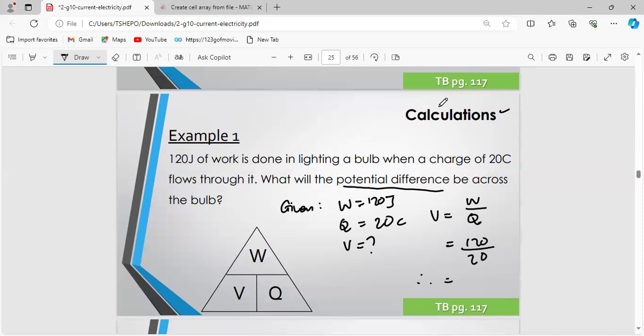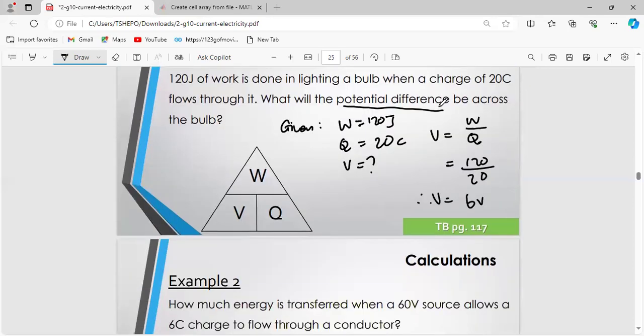Therefore, what will be our V? 120 divided by 20 gives 6. Be careful, you don't just write 6, you write 6 volts. So our voltage will be equal to 6 V, and we add the units.